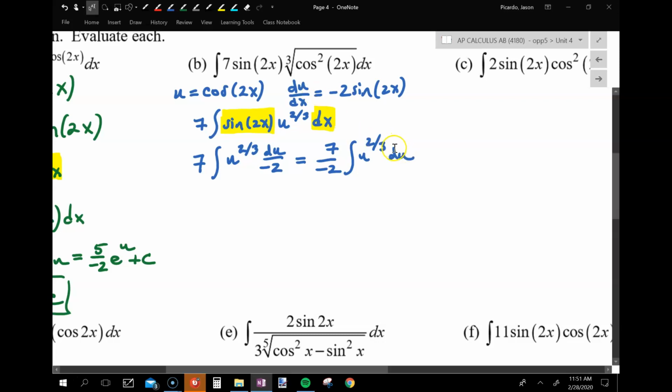What we're going to do to our power, I can integrate it now. I'm going to add 1 to it. What's the power going to be? 5/3. What's my correction going to be? 3/5. But don't forget what was already there.